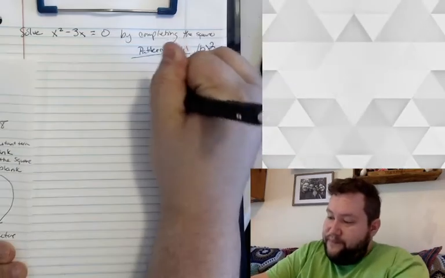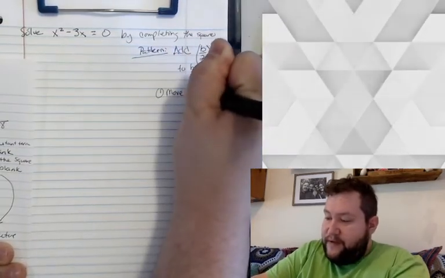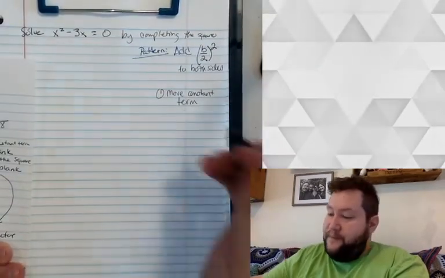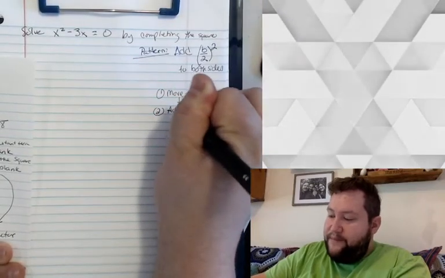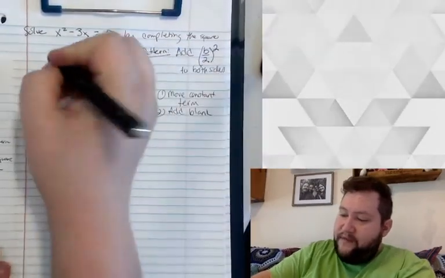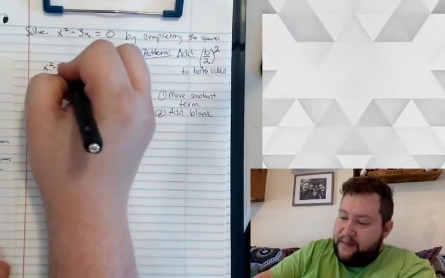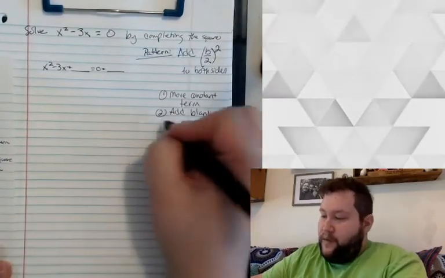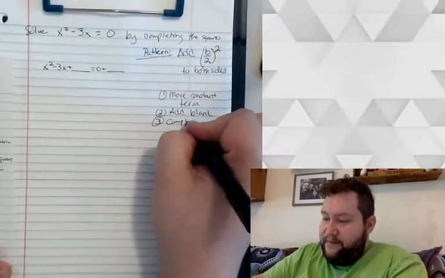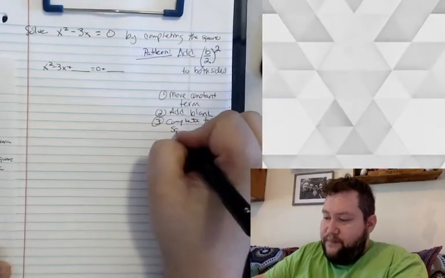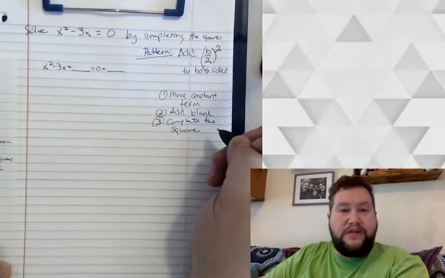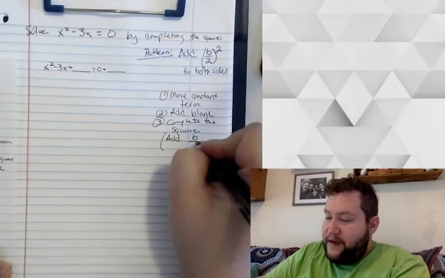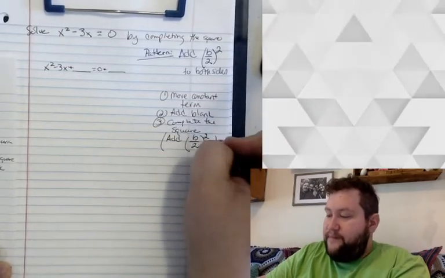Step 1 is move the constant term if you need to. Here there's no constant term. 2, we add our blank. So here we have x squared minus 3x plus something equals 0 plus something. We complete the square, which we now know means add b divided by 2 squared to both sides.